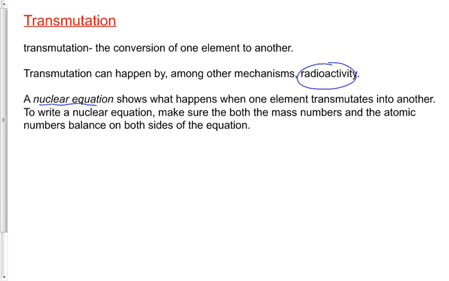Carbon's been converted to nitrogen. You don't have to conserve carbon like you do in a chemical reaction. In a nuclear reaction, you have to conserve mass numbers and atomic numbers. And if that sounds confusing, trust me, it's easier than balancing chemical equations. Let's look at an example, and you'll see how easy it really is.